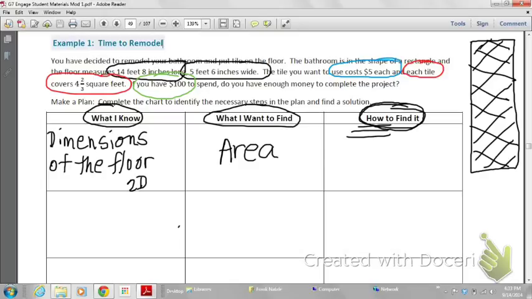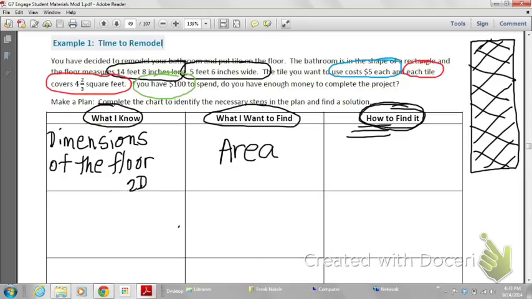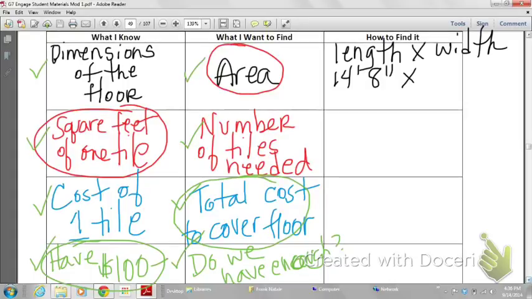We have 14 feet 8 inches, 5 feet 6 inches.